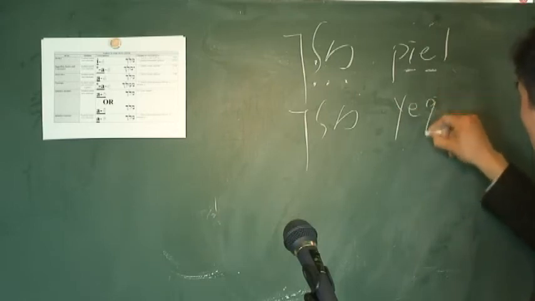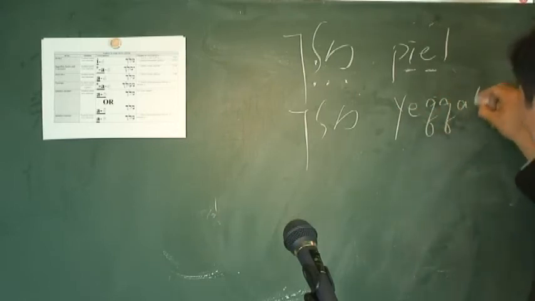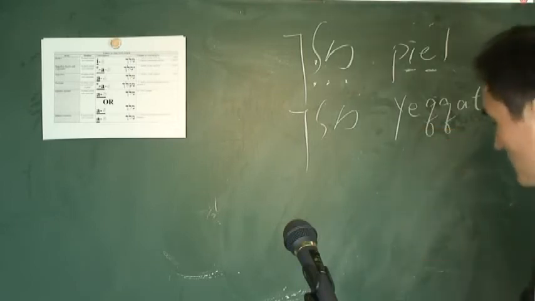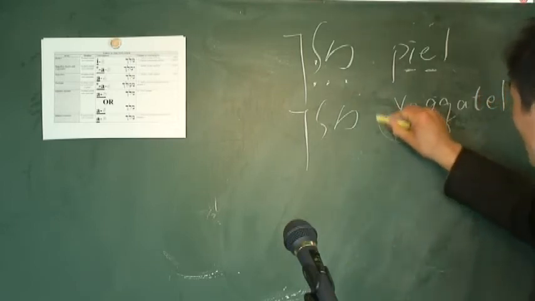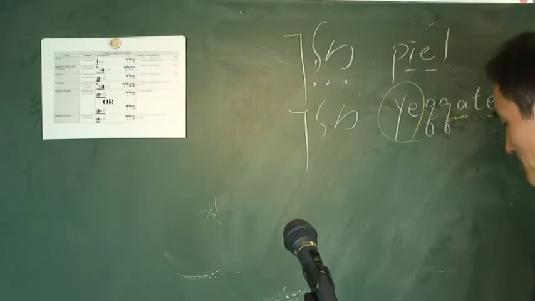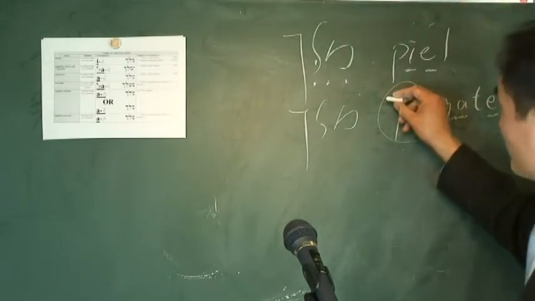The name of the imperfect form of the PL is Yekatel. We will find the vowels Ye, A, E in the name Yekatel.